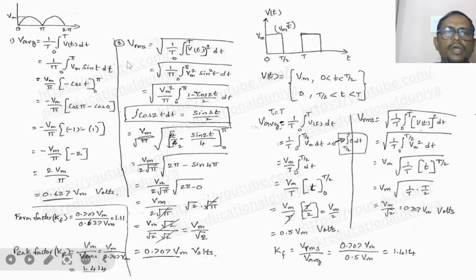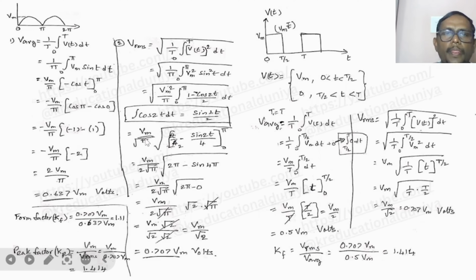Here we are considering only t, so sine square t dt. So under root Vm square comes outside, and integral sine square t is nothing but 1 minus cos 2t by 2 into dt. Now we apply that integral cos 2t dt is nothing but sine 2t by 2.